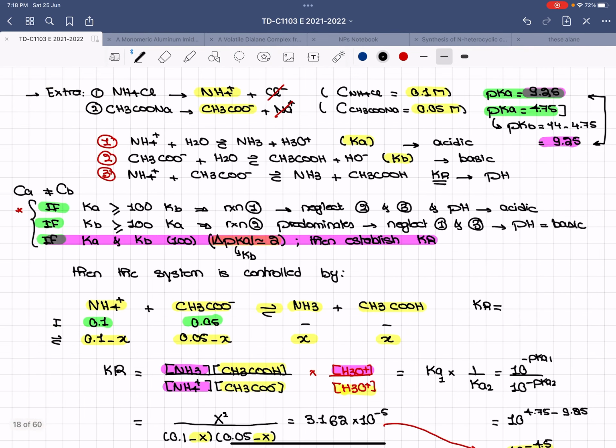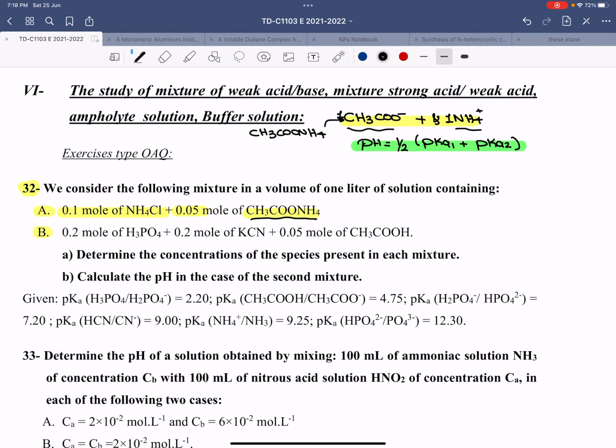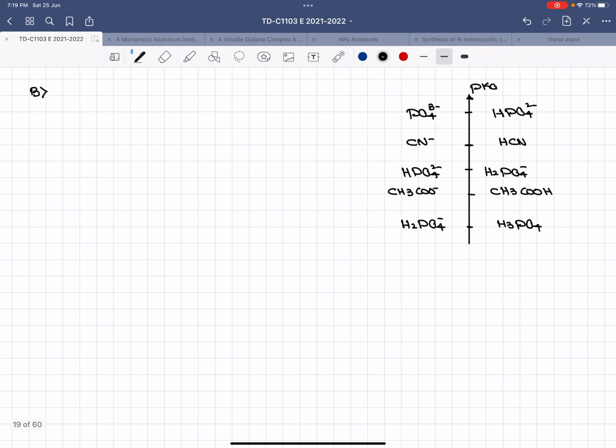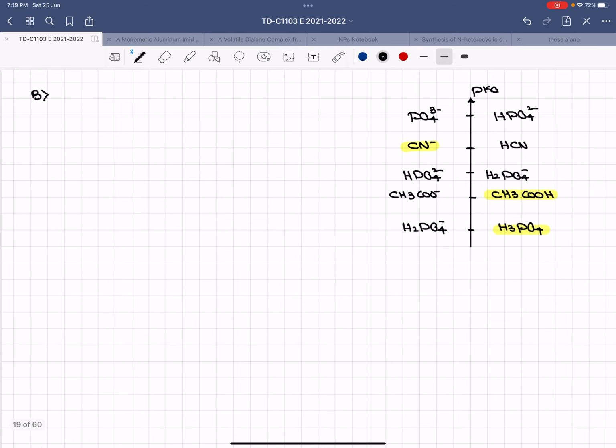If I go back to the given, the given clearly states H3PO4, KCN, meaning CN minus, with CH3COOH. Go back, highlight what you have. I have H3PO4, I have KCN, which is CN minus, and I have CH3COOH. This is what you have in your given.